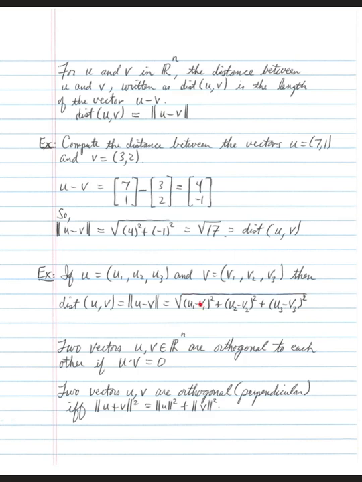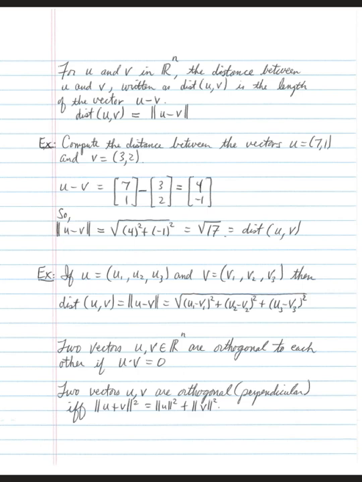So we'll take u1 minus v1 squared from the first entries, then u2 minus v2, the second entry, subtracted and squared, and then finally u3 minus v3, that value squared.